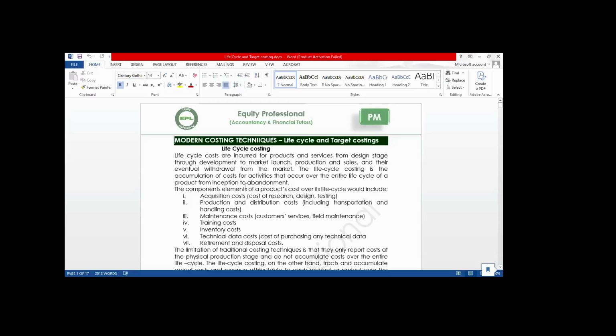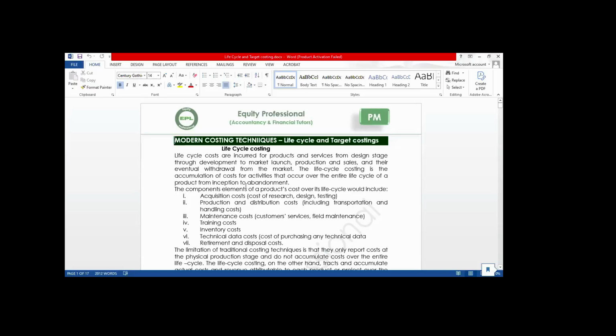For this reason, accountants, the business managers, and finance professionals develop costing systems that are more appropriate and suitable to take care of modern manufacturing environment.